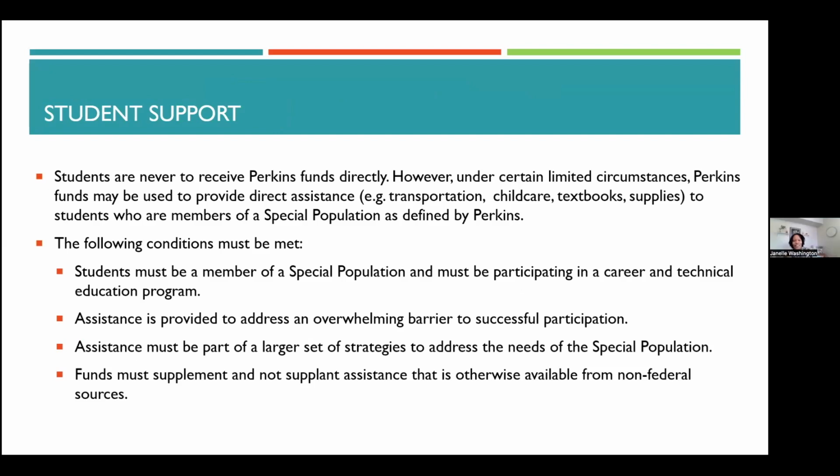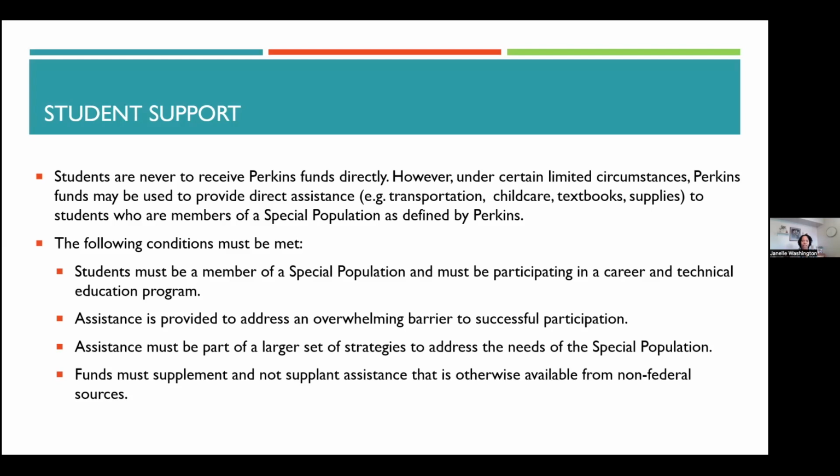So I think this is a great piece to talk about, especially as you're working to serve students who may align with the CTE special populations. And so, like I mentioned before, direct student support is really limited in the Perkins Grant because the primary goal is to really benefit CTE as a whole.